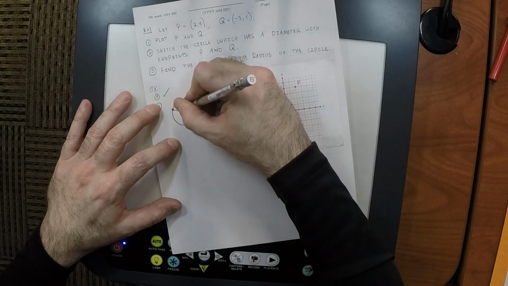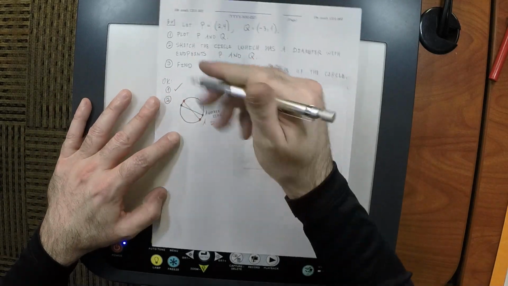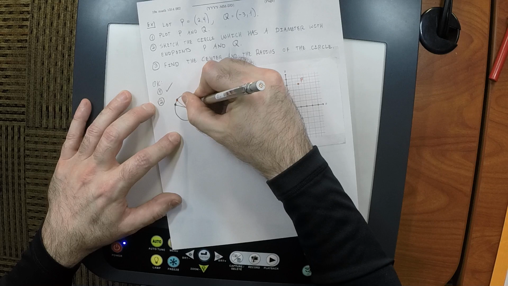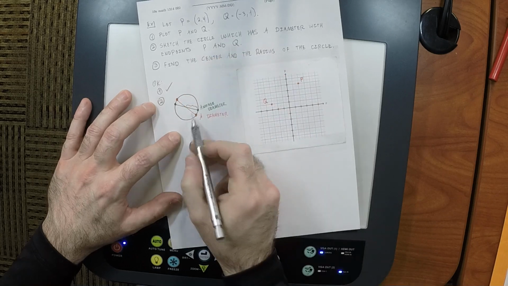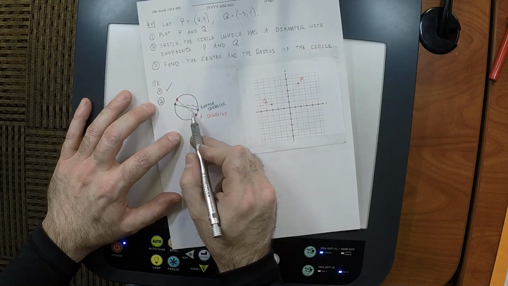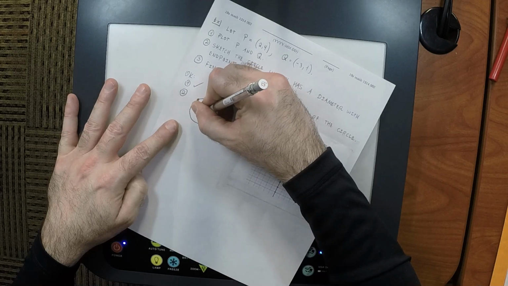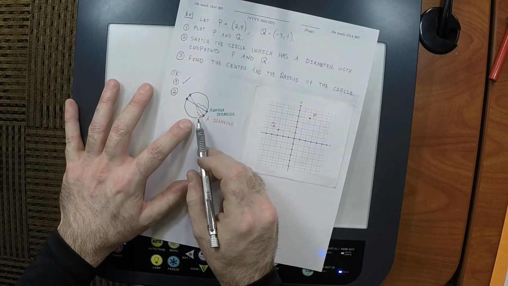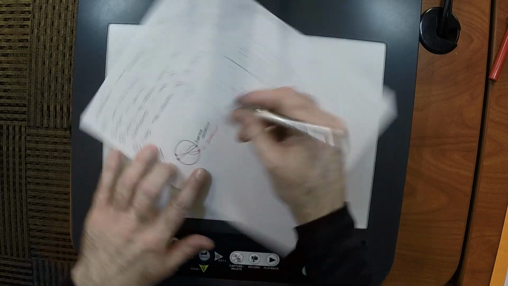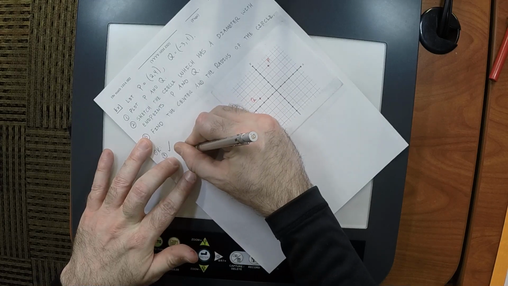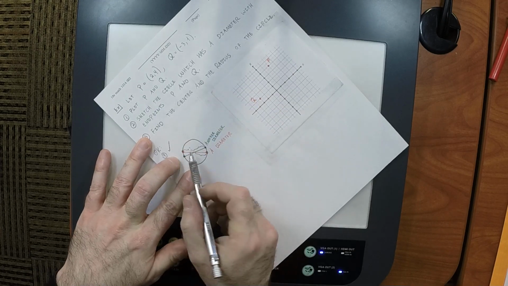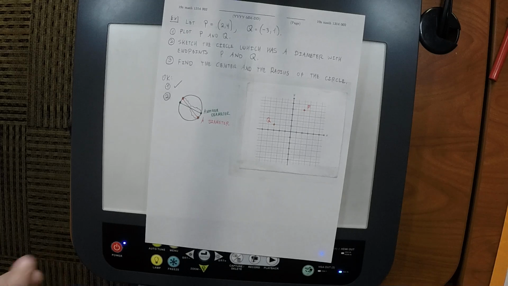So this right here is a radius. And here's another one. That's a radius. Here's another radius. But when you say the radius, you're talking about the length of any one of those radii.